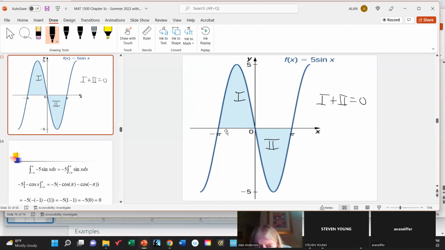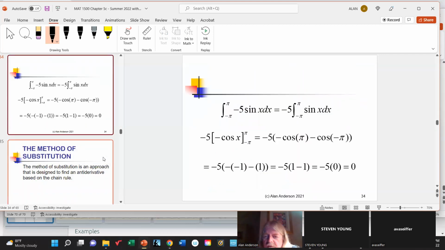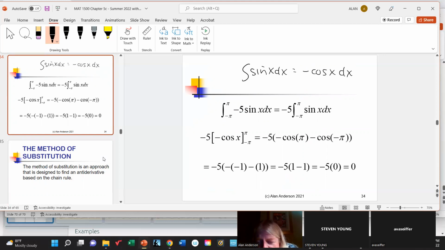Okay, so we'll integrate over the entire range from negative to positive pi. And we just saw this example a little bit earlier. The integral of sine x is equal to negative cosine x plus c. And so, since this is a definite integral, we'll instead be evaluating -5, which I moved to the outside, times negative cosine x, integrated over the range from negative to positive pi, which you can see here.